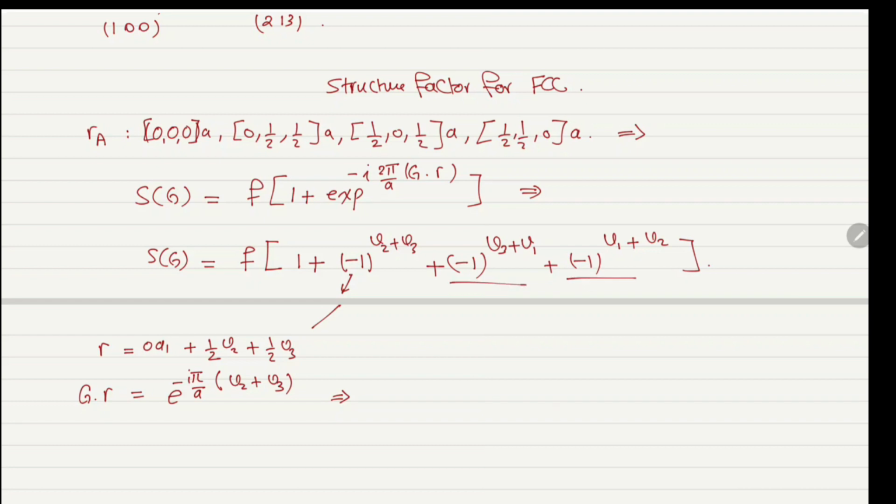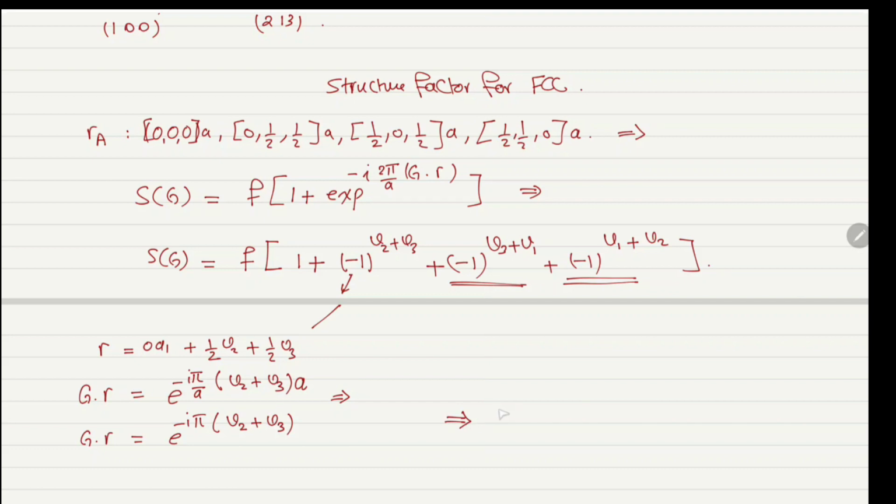In this case, times a, and G dot R equal e to the minus i pi times V2 plus V3. Now same procedure for this one here and this one here.